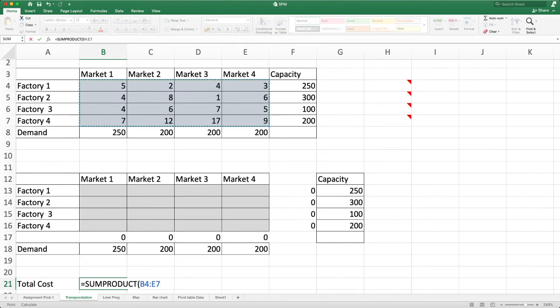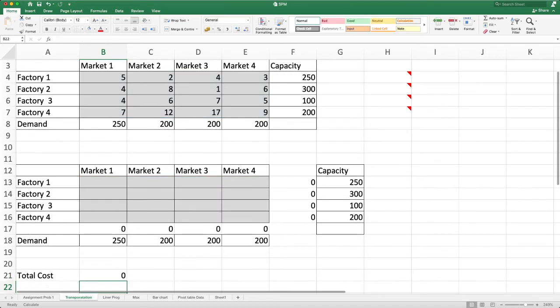So it is the sum product of unit cost into the quantity of material supplied, which we are going to find out. So we are done with the equations.